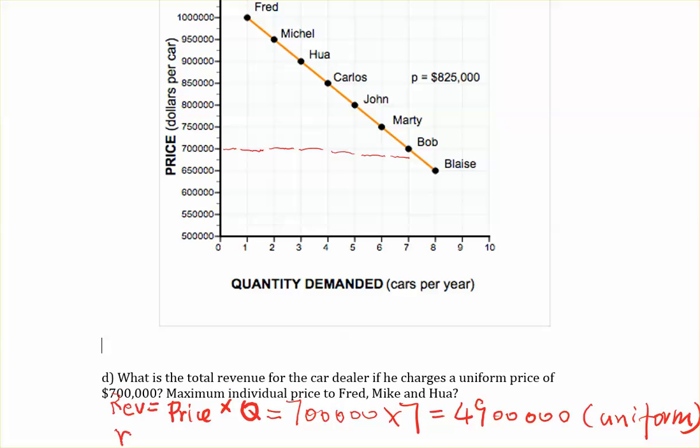The revenue from Fred equals the price. Fred wants to pay $1 million, times 1, so only Fred himself. That is $1 million.